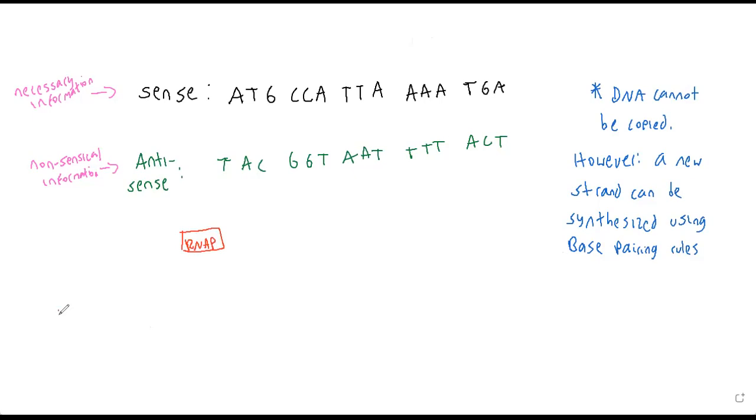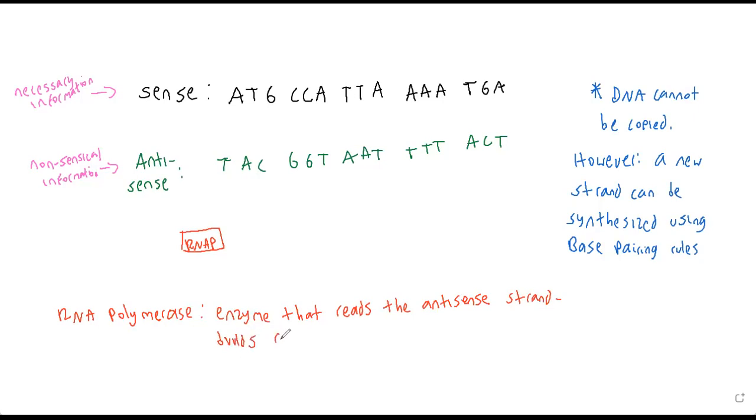So what RNA polymerase is, it is an enzyme that reads the antisense strand and builds a new strand. Sorry, that's kind of messy, but it says builds.